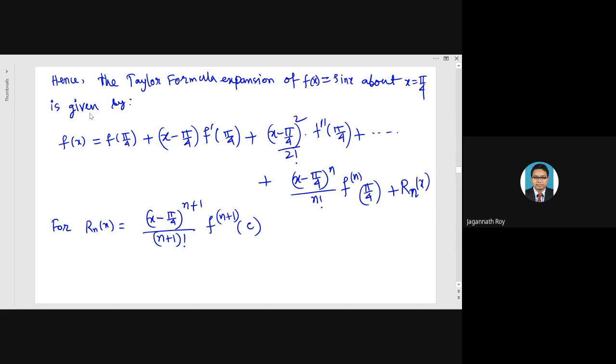Okay. So for n equals 2n, what you will get? R 2n x.